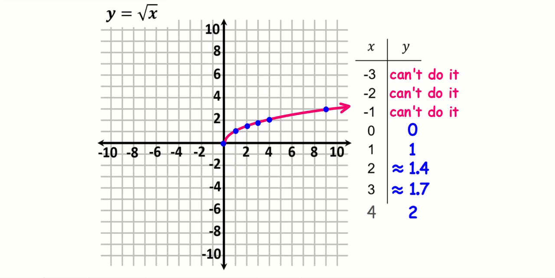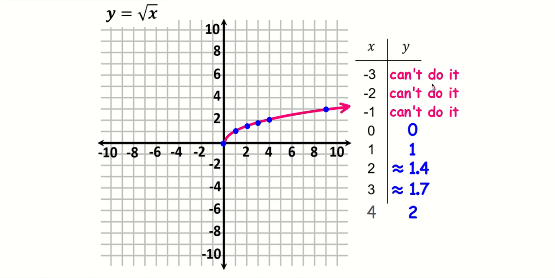And so what's this graph going to look like? Well, kind of like this. It starts out of thin air here at 0, 0, and then curves up and sharply to the right. But it's going to keep going up forever as it goes to the right forever.